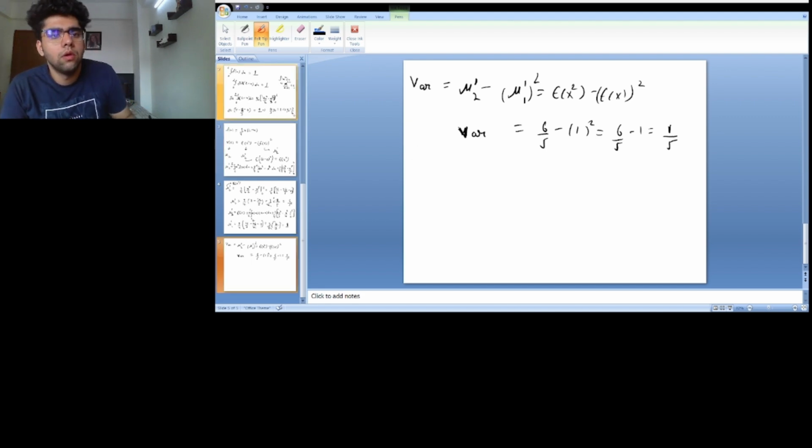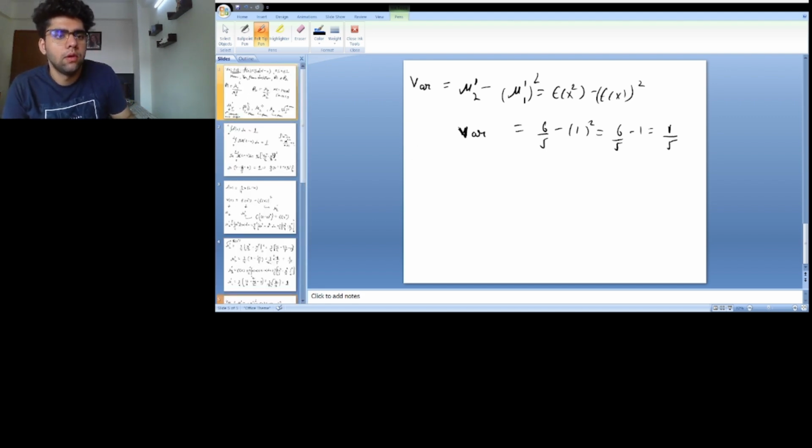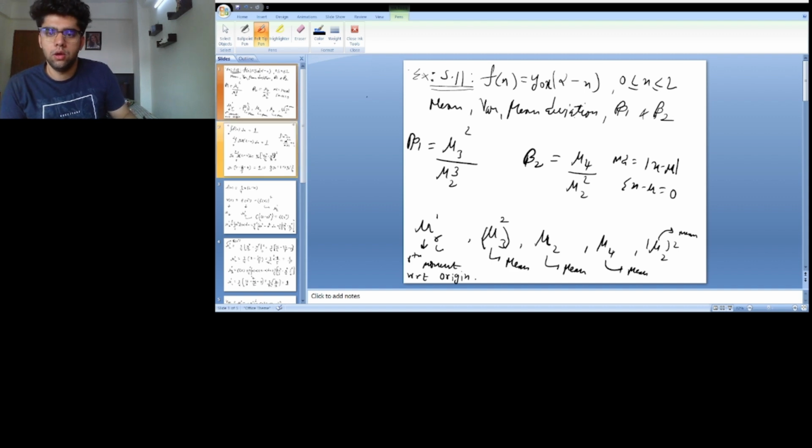Now what do we need to find? Should we find beta 1 and beta 2 first, or mean deviation? Let's just work with mean deviation first.